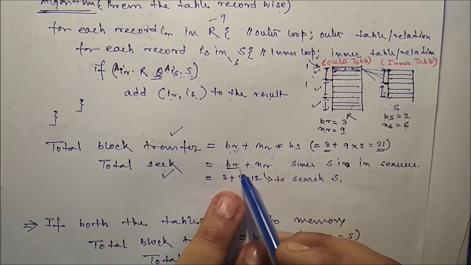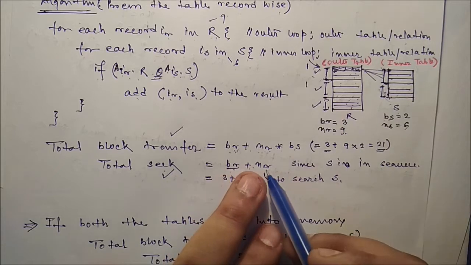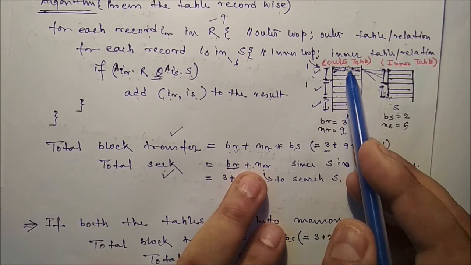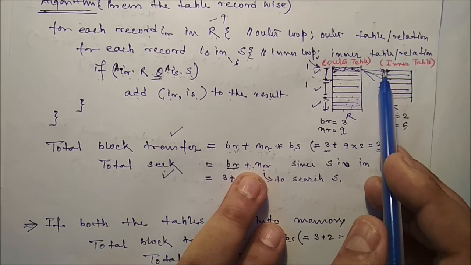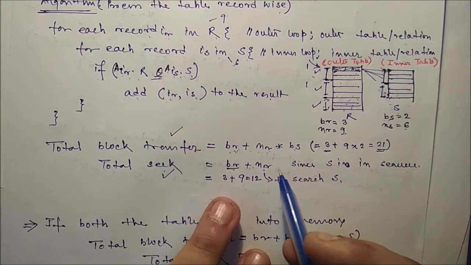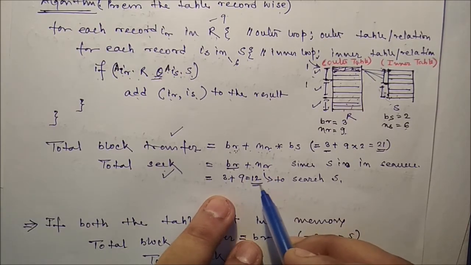So total seek time will be BR plus NR. BR is the number of blocks present in this table, and NR is the number of records present in this table, since each record needs to identify where the block of S is present. So BR is 3 and NR is 9. 9 plus 3 it is 12.